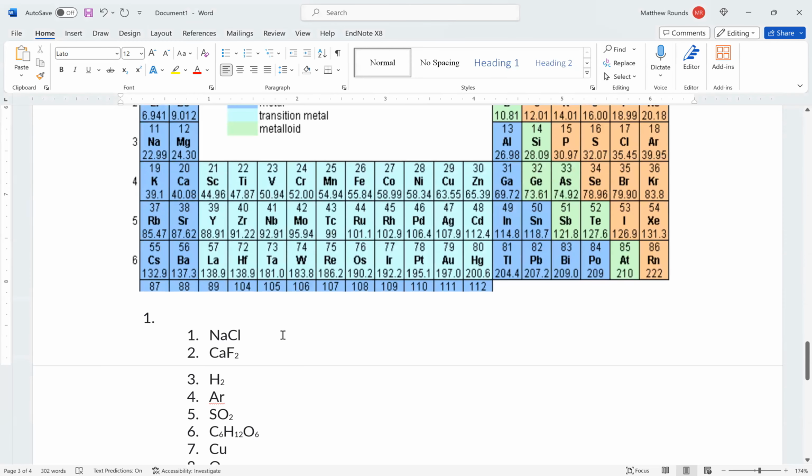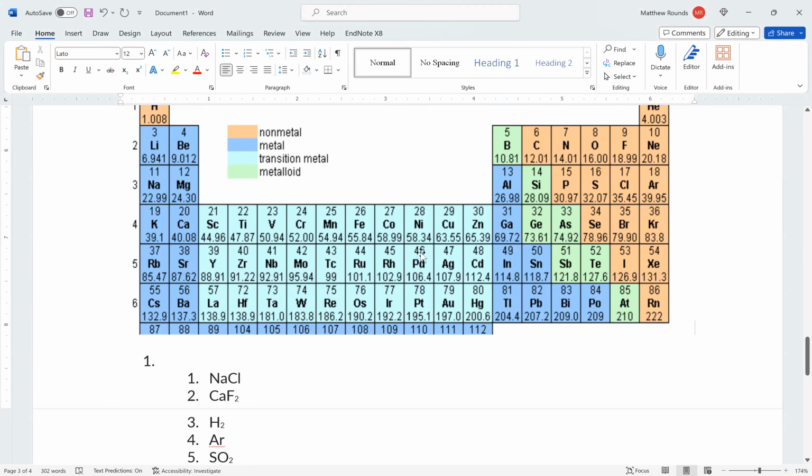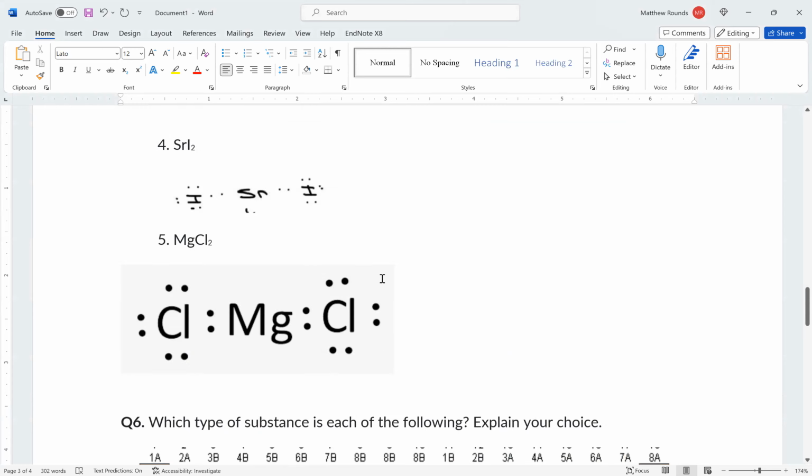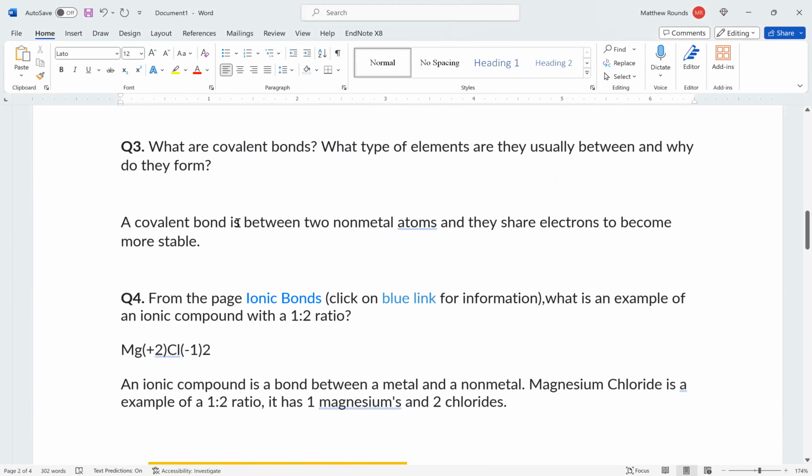So NaCl, Na is over here on the left, Cl is on the right. That's a metal with a non-metal. So is that a covalent or an ionic bond? That's kind of where you're at right now. Is it two metals? Is it a metal and a non-metal, or is it two non-metals?